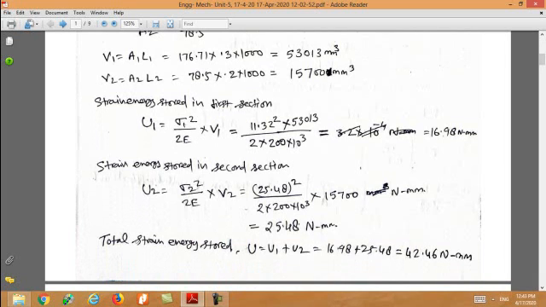Individually calculate U1, individually calculate U2. The total energy is the sum of the strain energy stored in 1 and 2. Then you can get the answer. The unit of the strain energy is Newton millimeters.